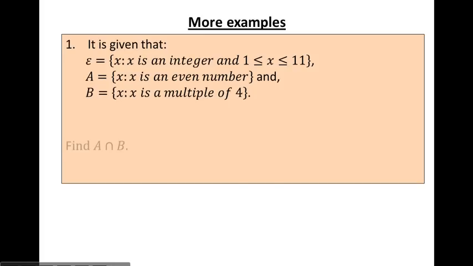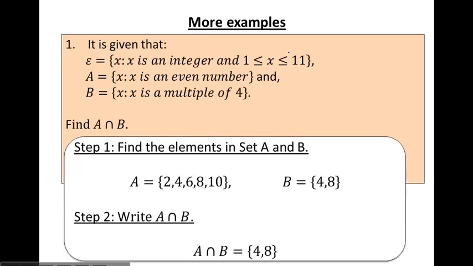Then you're asked to find A intersect B. So what is your approach? Correct. Step 1, you are going to find the elements in set A and set B. For set A, you list out all the even numbers which are integers and found within the universal set. So A contains 2, 4, 6, 8, and 10.